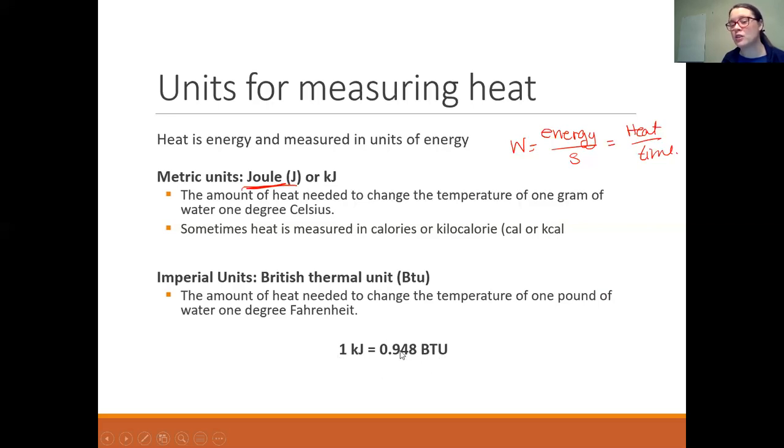So 1 kilojoule is equal to 0.948 BTUs. So for those of you that are used to working in BTUs, it's almost 1-to-1. So for the purposes of estimating, if you see an answer in kilojoules and you're just looking for a rough estimate, you could assume kilojoules equal BTUs. Of course, if you're needing more precise calculations, you would need to look up the conversion.